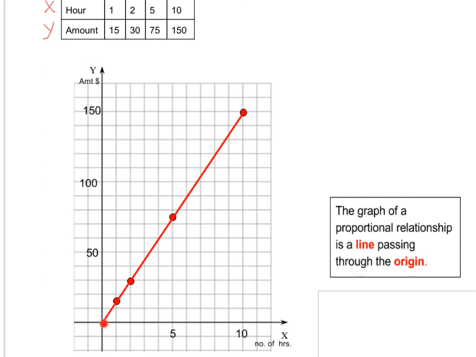So this is the origin. So if Mark didn't work at all, he did not get any pay at all. Okay, so it passes through the origin. So that is the characteristic of a proportional relationship, that you always get a line, which is a straight line, of course, and it always passes through the origin.